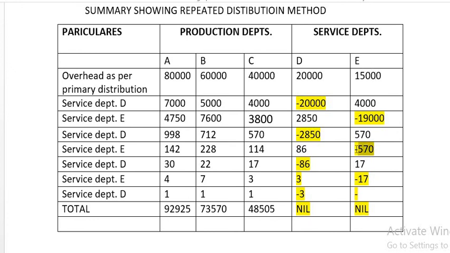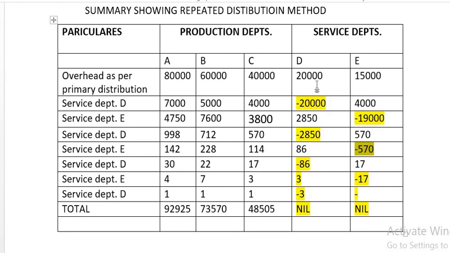This 570 is reapportioned to all three production departments and service department D as per the given percentages, giving the ratios 142, 228, 114 and 86. Then we begin service department D again with 86, which comes to 30, 22, 17 and 17.